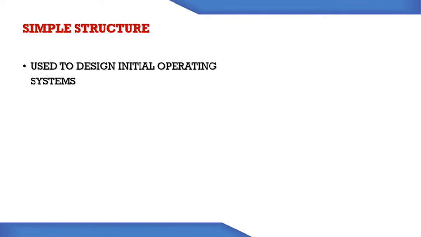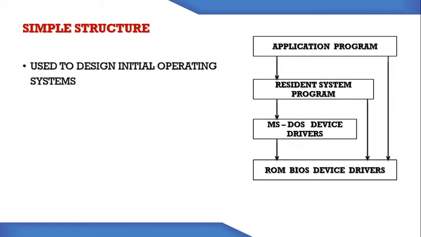Simple structure was used to design some initial operating systems. The operating system is designed in the beginning using this structure. See, this is the operating system simple structure. MS-DOS is an example of such a system.